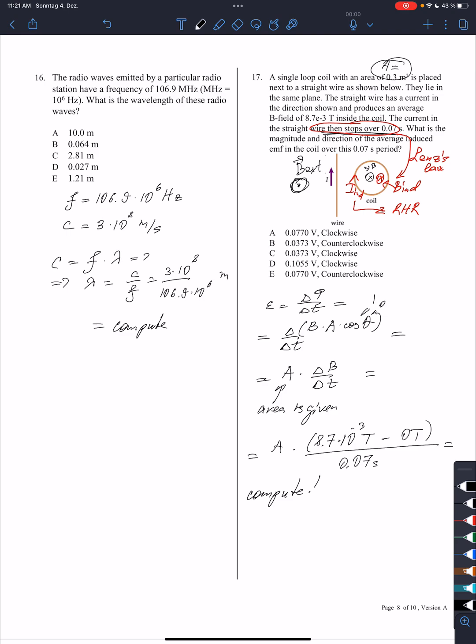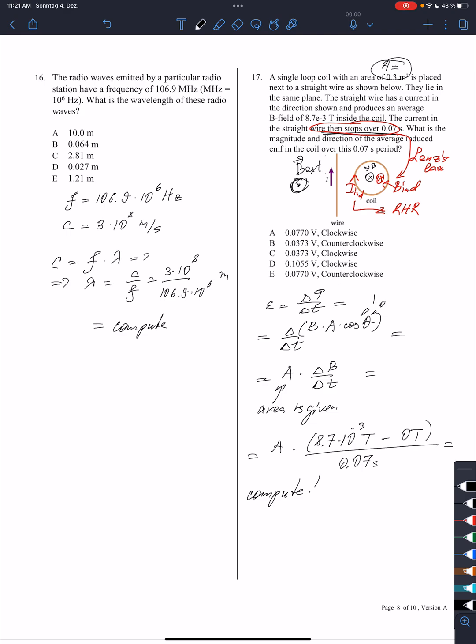Very good. So now we know that the magnetic field is decreasing. If the magnetic field decreases, then the magnetic flux decreases. If the magnetic flux decreases, we can use Lenz's law to define the direction of the magnetic field induced by the coil.